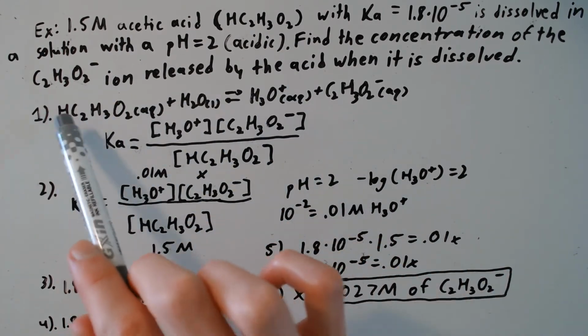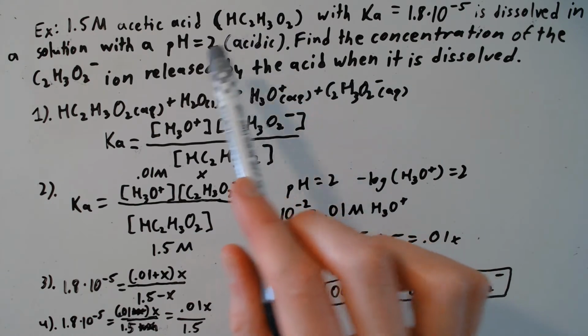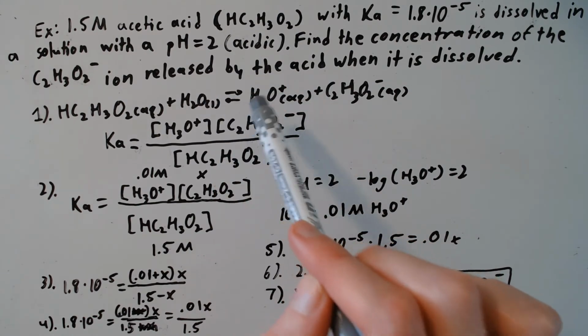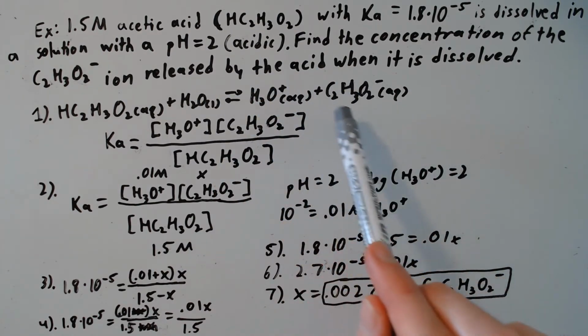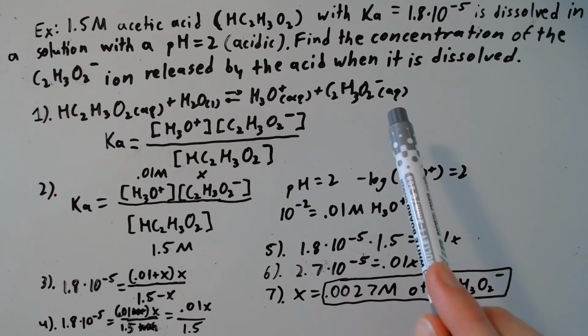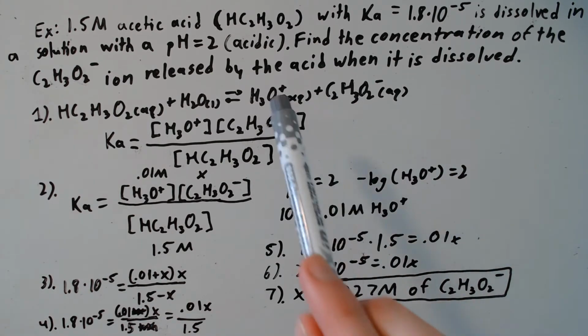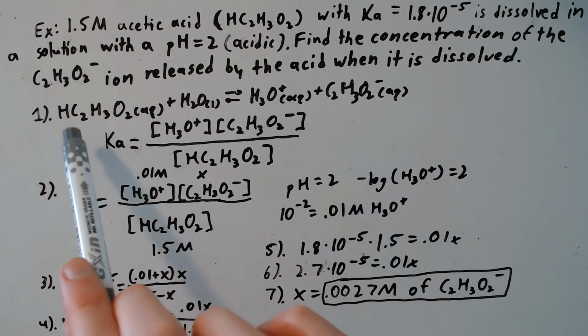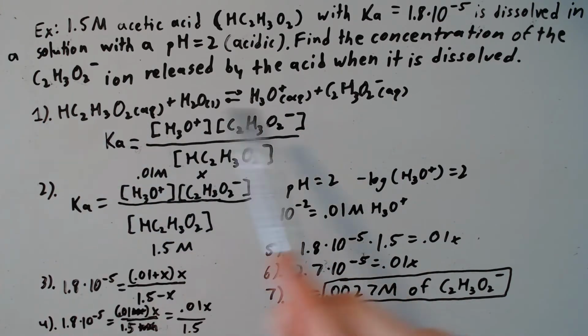Hence, if this acid dissociates in a solution with a pH of 2, not so much C2H3O2- is going to get produced, since there is already so much H3O+ that the acid's going to have a difficult time coming apart in the solution.